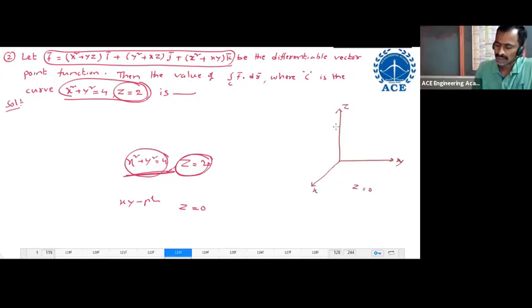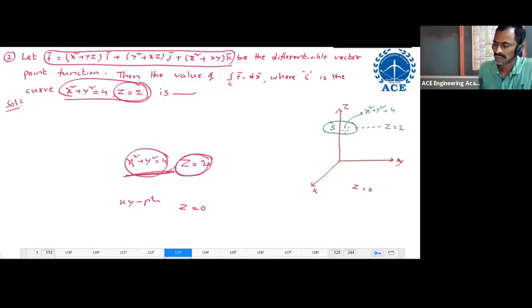So we are given a circular region in space at the level z equal to 2. The equation of the curve is x square plus y square equal to 4.